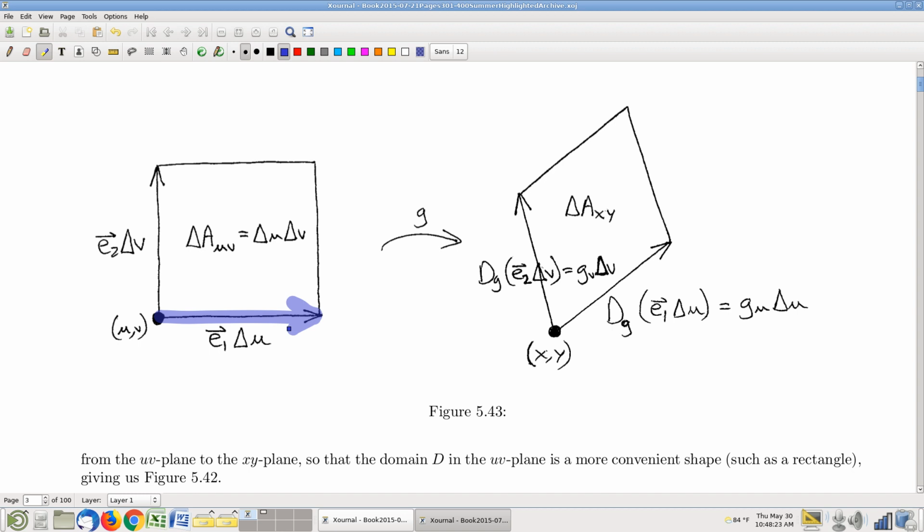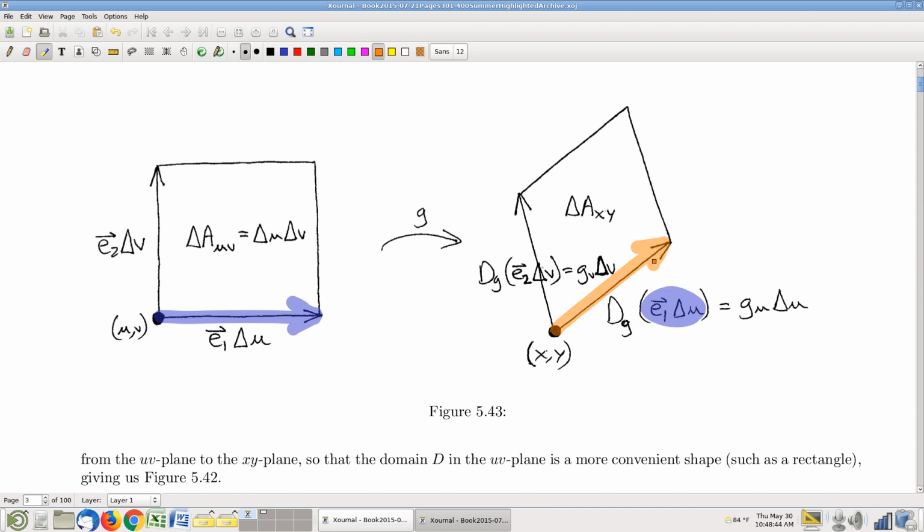And that tells me that I know what this vector is. That vector is what you get when you apply the derivative transformation to E1 delta U. Oh, I think I made a bad color choice there. Here, let me do that in orange.